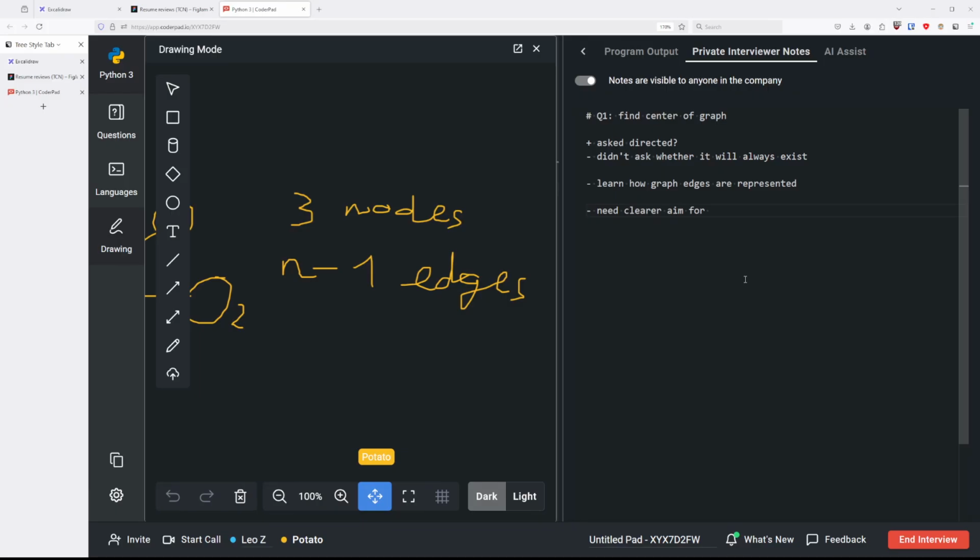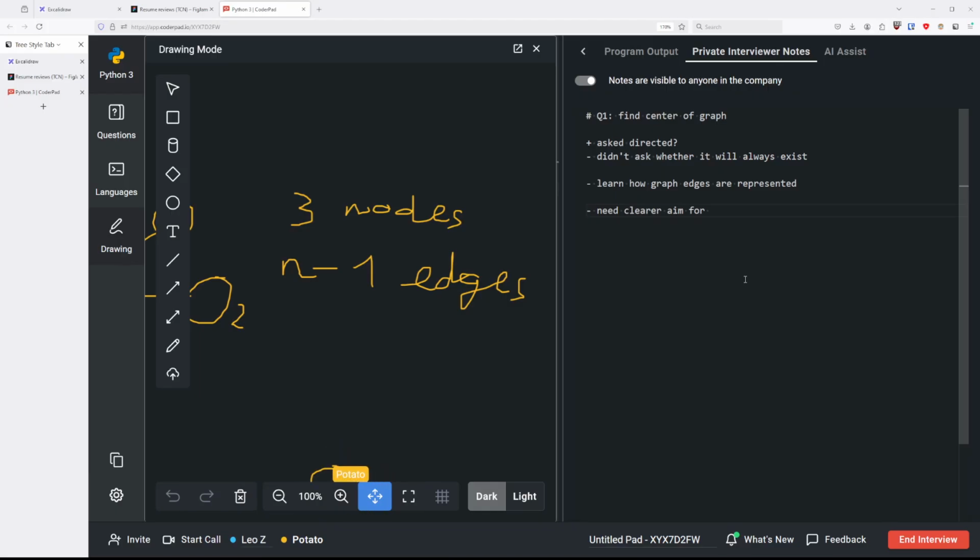Okay. And can any other node have this property? No, I think only the center node has the property that it connects to every other node. Like in this case, if we look at node 1 and node 2, they do not connect to each other.